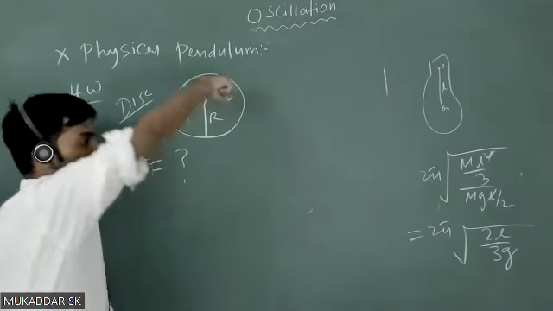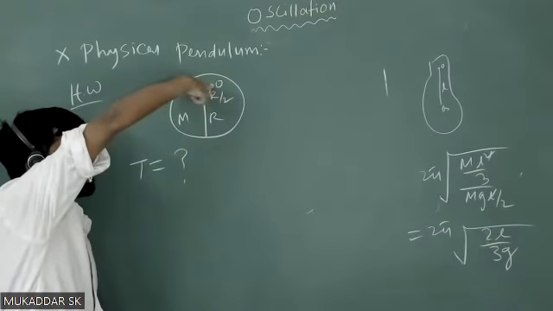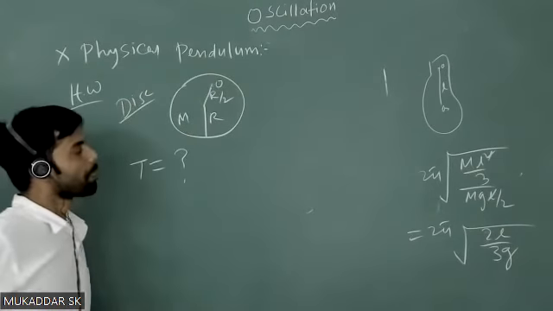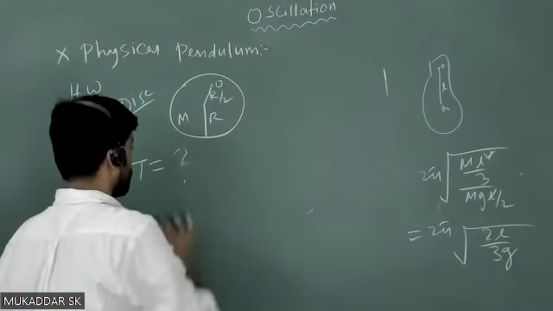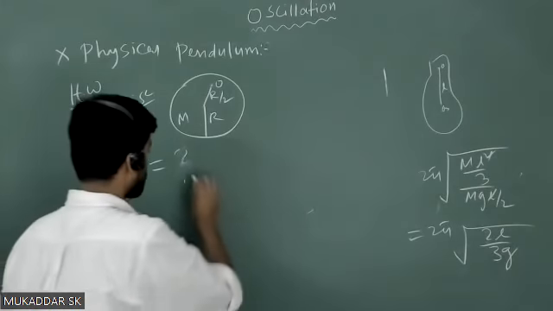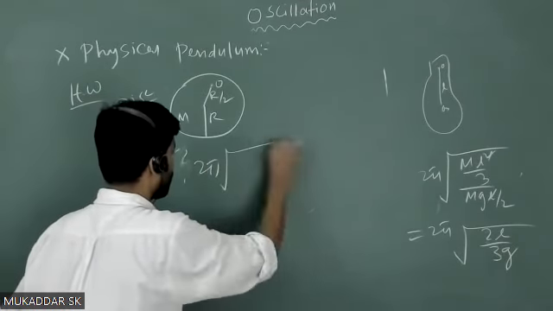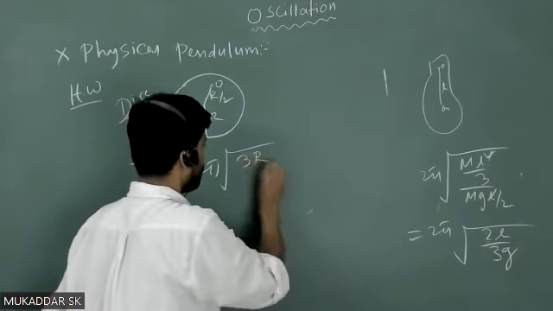Now the time period of oscillation will be how much? So this is your homework. Please do it. I can write the answer also: 2 pi square root of 3R by 2g.